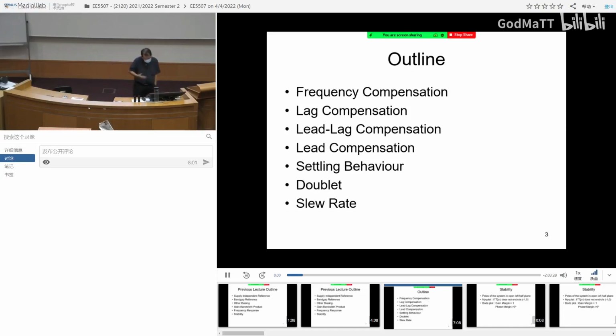And of course, we keep talking about bandwidth. Why? Because bandwidth directly related to settling behavior. Okay? So a rule of thumb, if you want to settle fast, let's say you have a bandwidth of omega. So the settling time usually is 6.9 divided by omega. Okay? A very simple rule of thumb. Why 6.9 over omega?